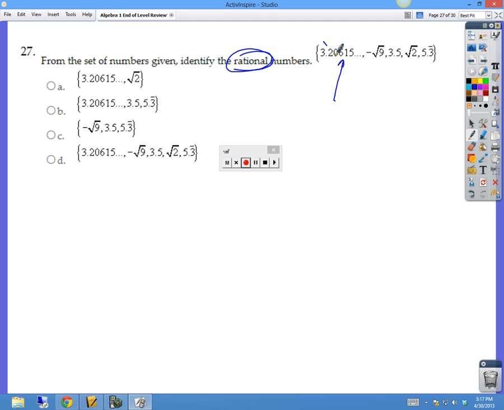So that one is not normal. That is just a negative 3. That's normal. 3.5 is normal. Square root of 2 is not normal. 5.3 forever. It's a decimal that goes forever, but it's a pattern. So that's normal. So my normal numbers are C.